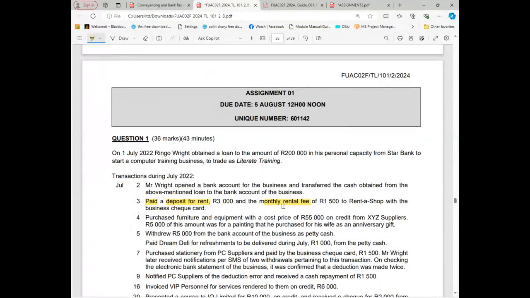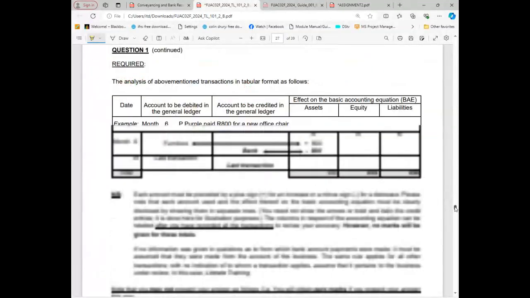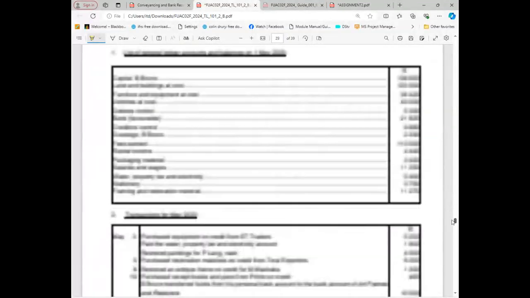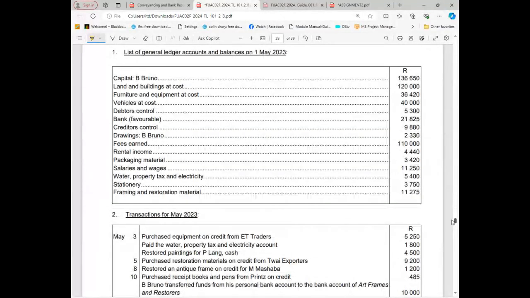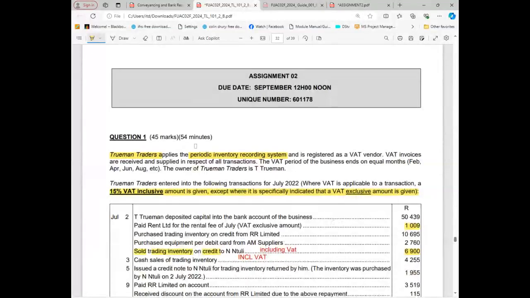I think in the assignment they do tell us to use periodic, in question 1. Let me go to number 2, né? This one. They did tell us. Can you see now?